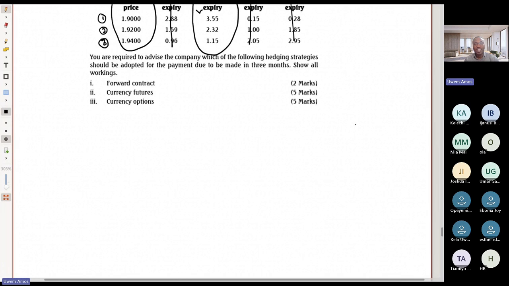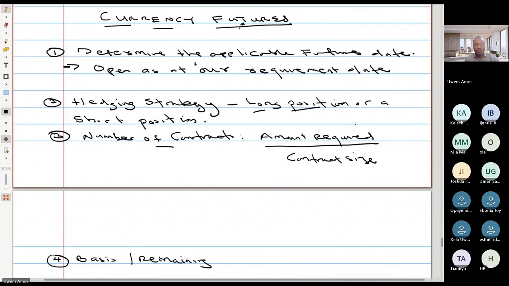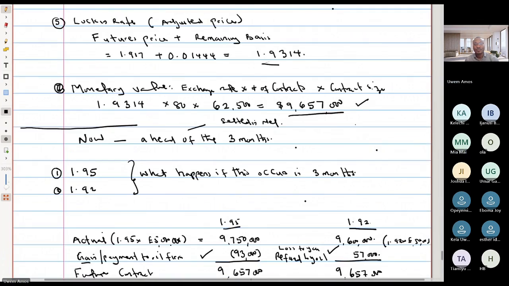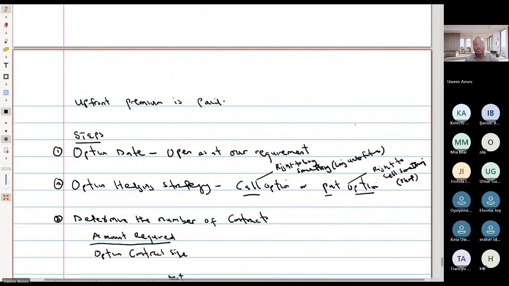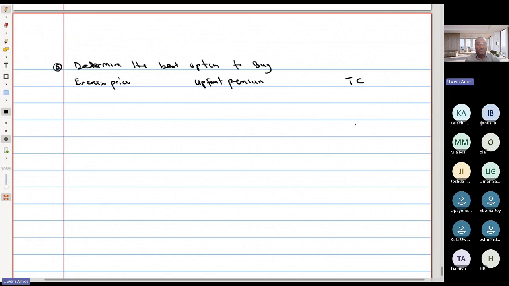So I'm copying all of those 3 down: 1.90, 1.92, and 1.94.